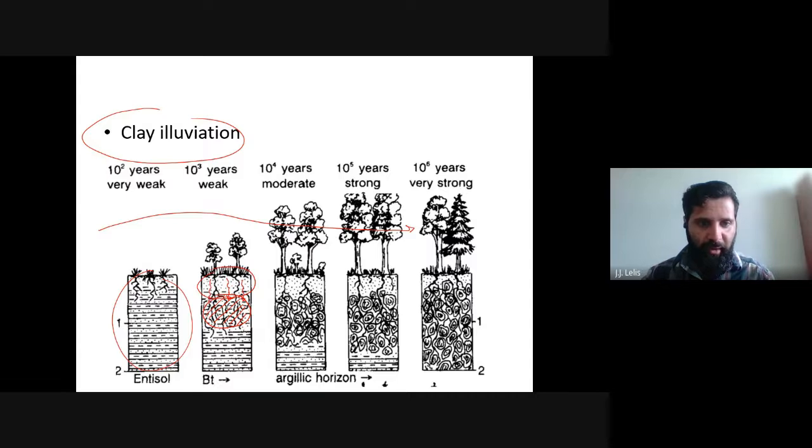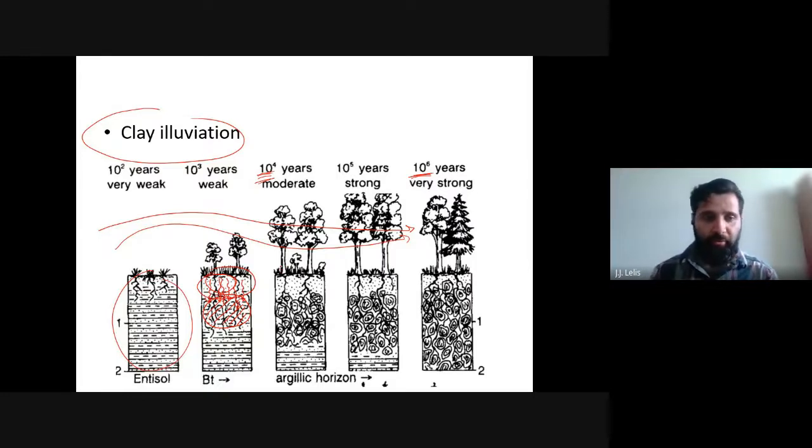The low clay content that we can see here, and clay skins on the surface of these aggregates, these peds. It can take something like some hundreds of years, 10,000s of years, or even some millions of years to produce an argillic horizon, a horizon that's formed by clay skins and a higher content of clay in the subsurface horizon.